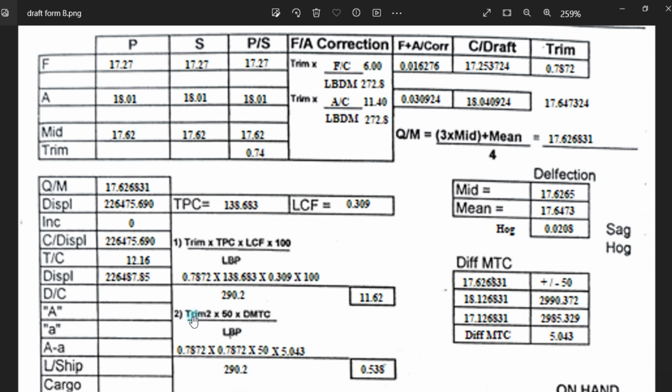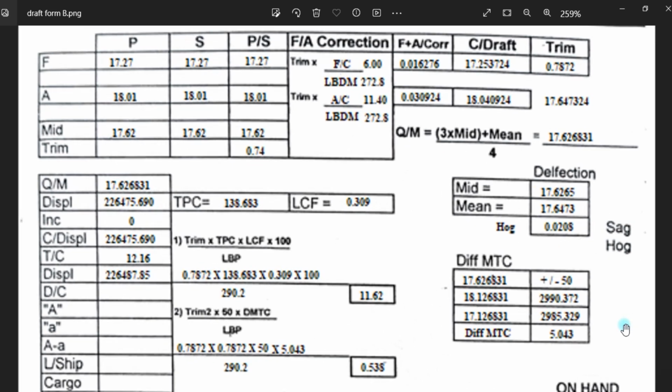So I repeat, trim squared, meaning the corrected trim of 0.7872 times the same trim, 0.7872, times 50 times difference of MTC, which is 5.043, and over 290.2. With this equation, the result will be 0.535.